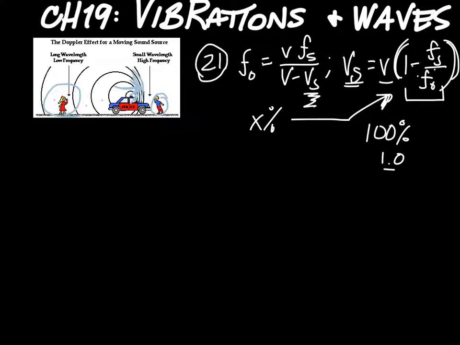So just trust me. For B, the question says, calculate the speed of an approaching car whose horn you perceive to be sounding at a frequency 10% higher than its actual frequency. So the velocity of the source, which is what we're trying to calculate, is going to be the velocity of sound times, and this is where we're going to put in our 10%, but we're going to write it as a decimal and just say 0.1.